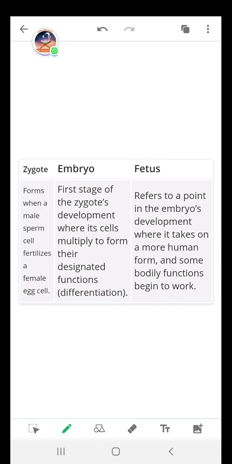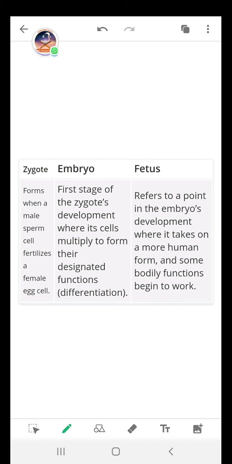Embryo is the unborn baby in the uterus in the early stages, and fetus is the unborn baby in the uterus in the later stages. Zygote is a single cell, embryo is multicellular, and fetus is also multicellular.